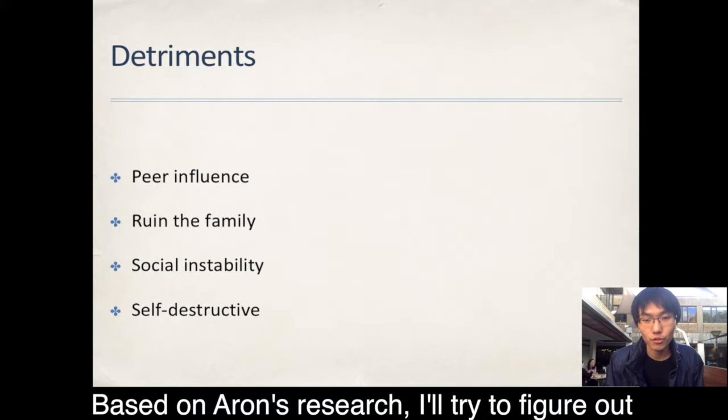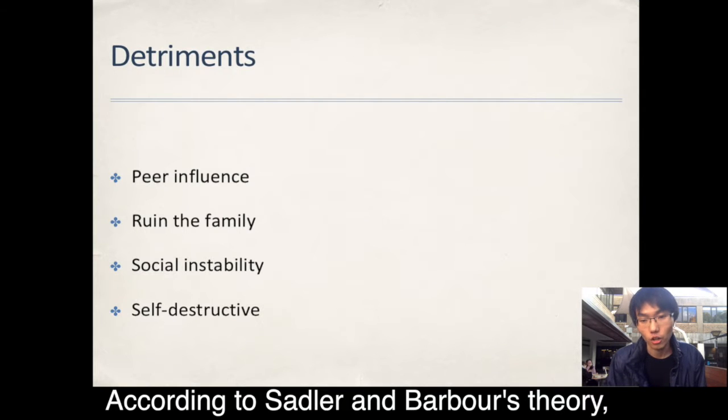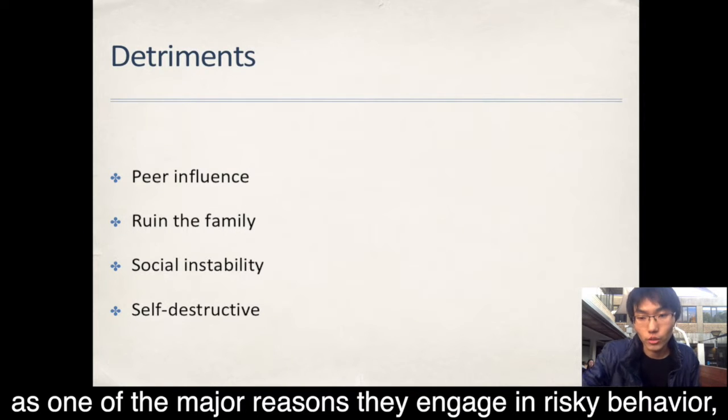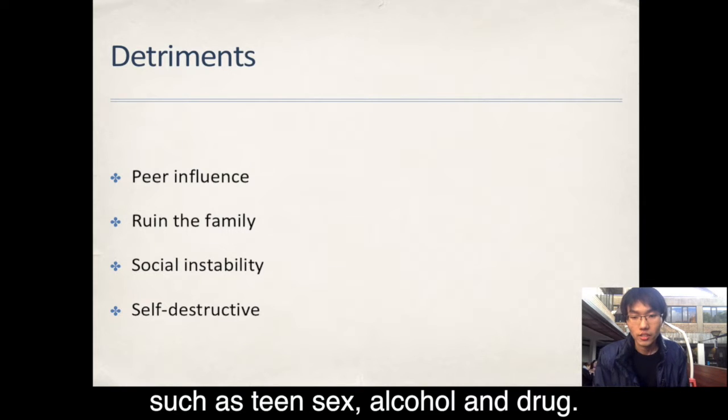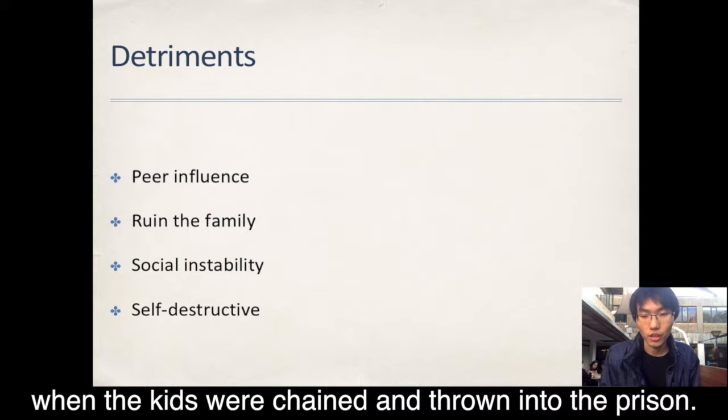Based on our research, I will try to figure out what the detriments of teenage crime are. According to Sandler and Barber's theory, young people cite peer pressure as one of the major reasons they engage in risky behaviors, such as teen sex, alcohol, and drugs. Second, teenage crime would ruin a lovely family when the kids are chained and thrown into prison.